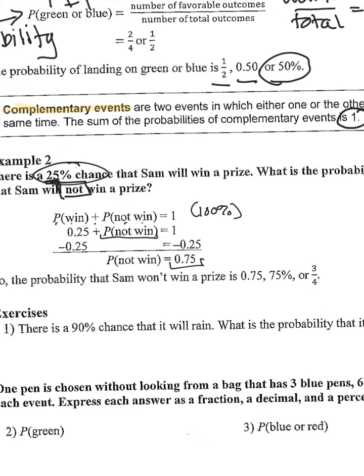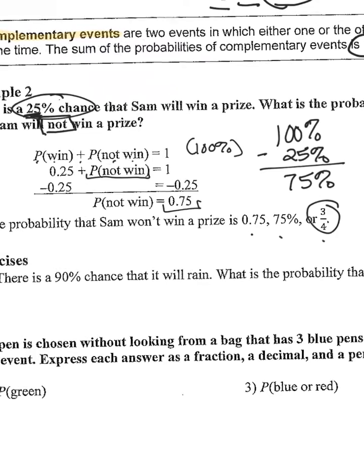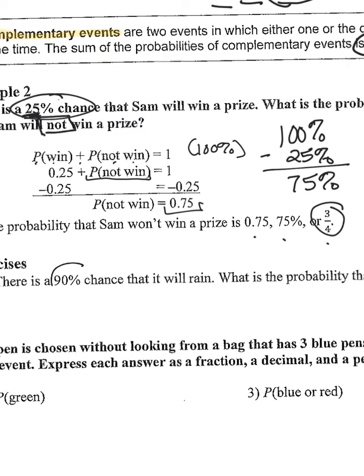You can also think of this as percentages like I wrote up here. If there's 100% chance, and we take away the 25% chance that she's going to win, we're left with 75%, or 0.75 or 3/4. 3 different ways that we need to look at this. Another complementary event: there's a 90% chance that it will rain.